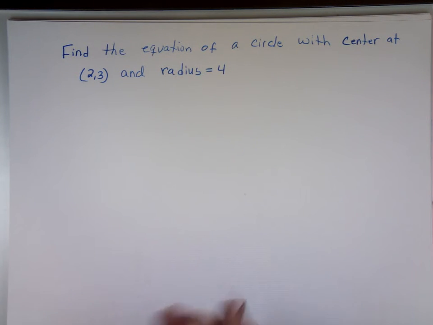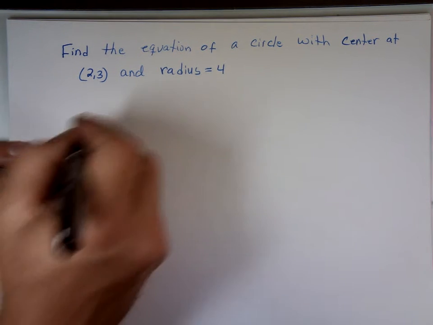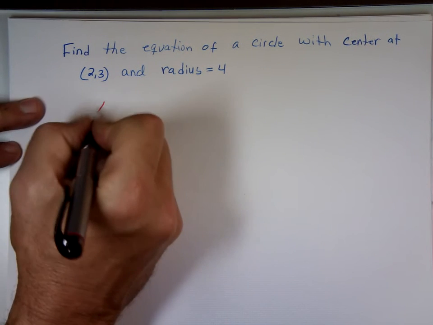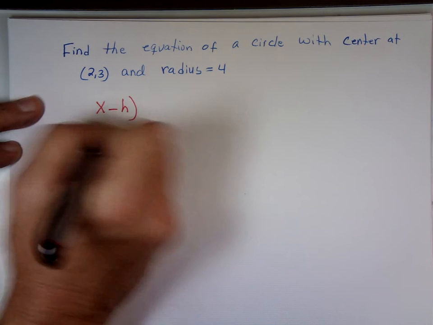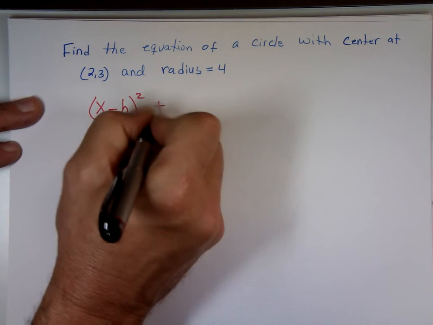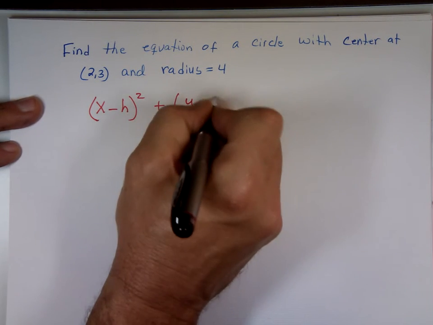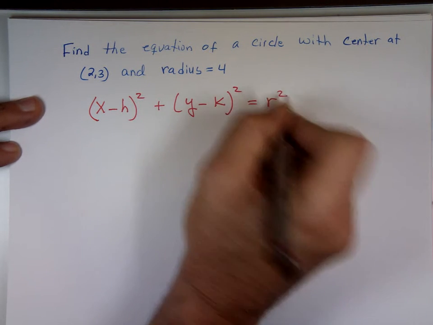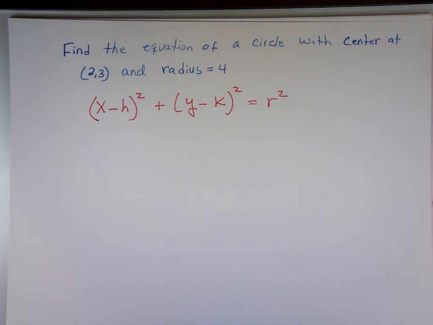So I'm looking for the equation here, backward, right? What's my equation? The standard form? (x - h)² + (y - k)² = r². Where's h? Where's k?